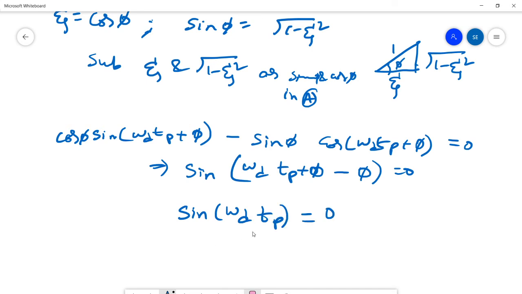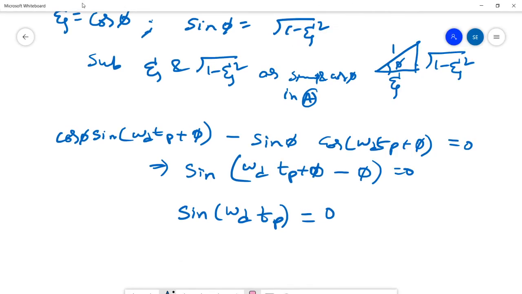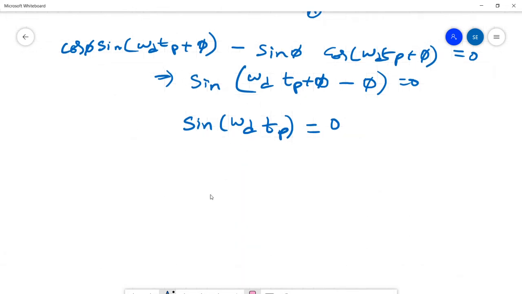When will this sine function become 0, as we showed in the previous case? Sine will be 0 for multiples of pi. So omega d tp can be 0 or pi or 2 pi, or so on, n pi. For any such values, sine will become 0.